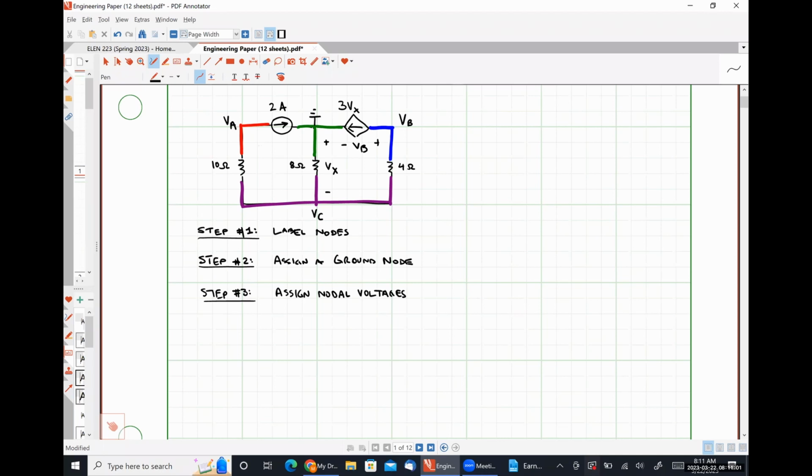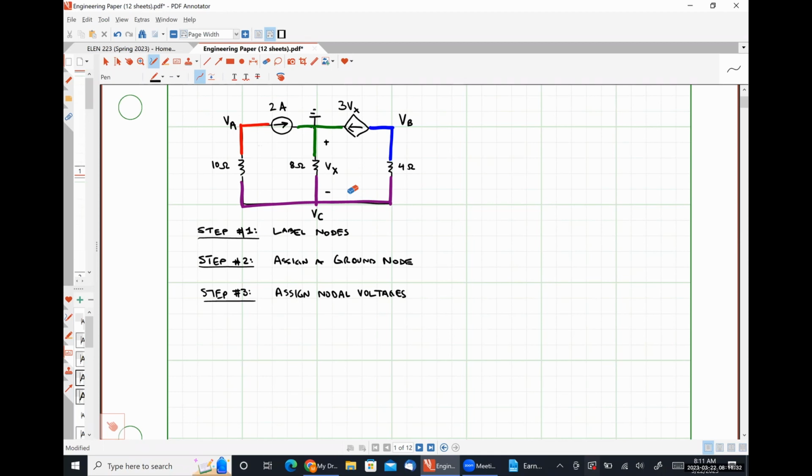So the voltage drop across our dependent current source, positive polarity on the right, and our nodal voltage VC is the voltage drop across the 8 ohm resistor, positive polarity on bottom, negative polarity at ground. So, okay, a nodal voltage always has its negative polarity terminal at ground. So we're measuring all of these voltages with respect to that ground.